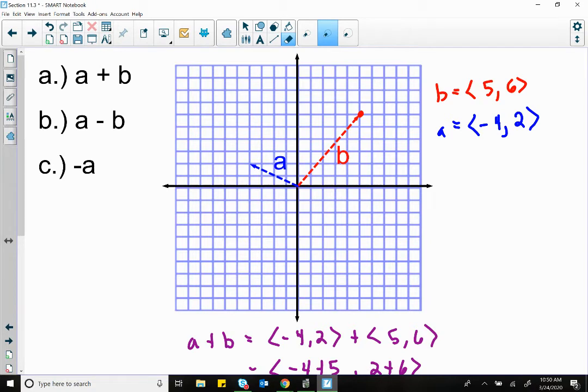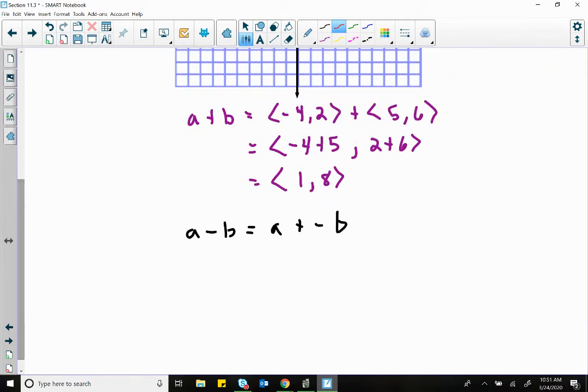So an opposite B would be negative 5, negative 6. That would be the opposite of vector B. In other words, the opposite of a vector, changing the signs, is like multiplying by a negative 1.